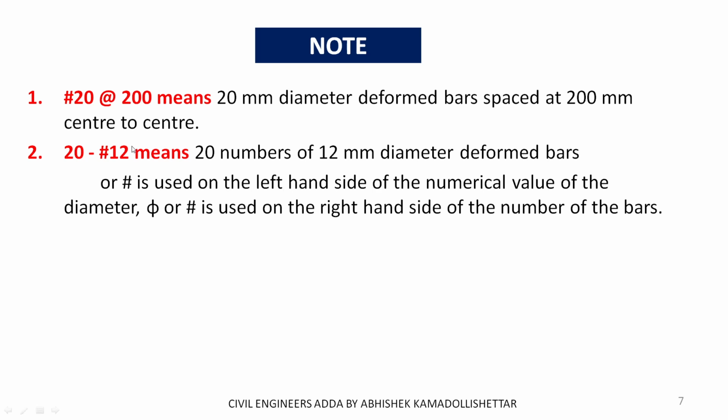Whenever you have to tell the diameter, you place the hash as a prefix of the numerical value, and the diameter is on the right side of the number of bars.